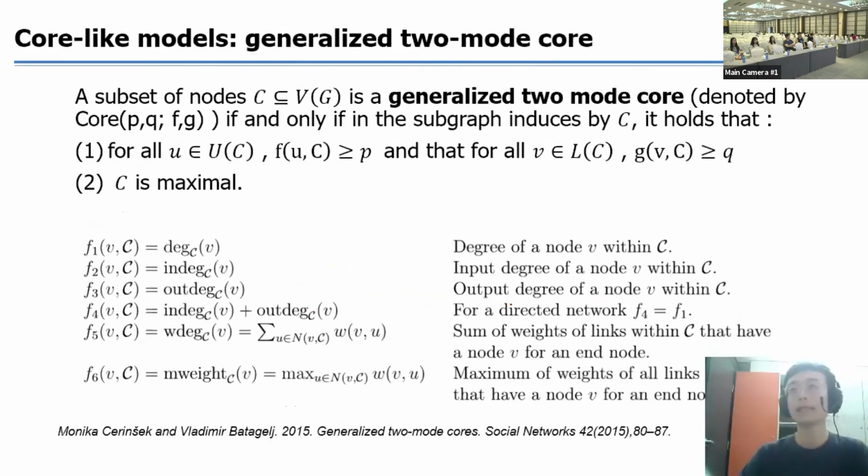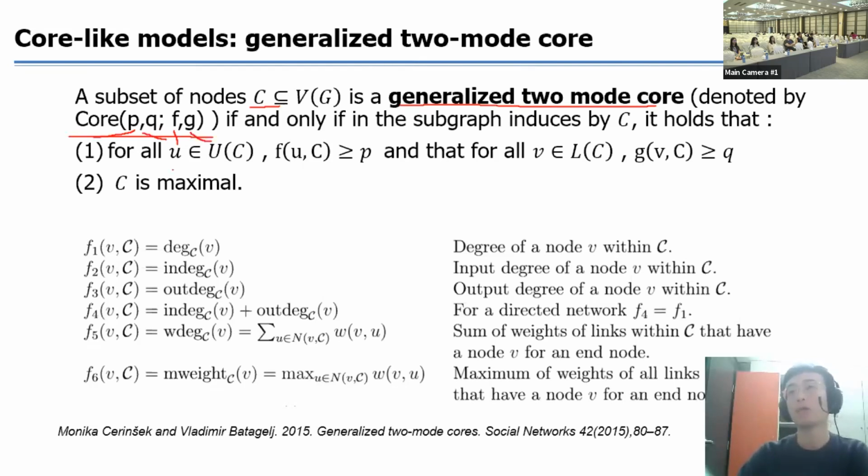To avoid such graph projection, the generalized two-mode core is proposed on bipartite graphs by directly extending the k-core model. A generalized two-mode core is a subset of nodes C, which is denoted as core (p,q,f,g). Here, p and q are two integers and are two thresholds, and f and g are two functions defined on the vertices.